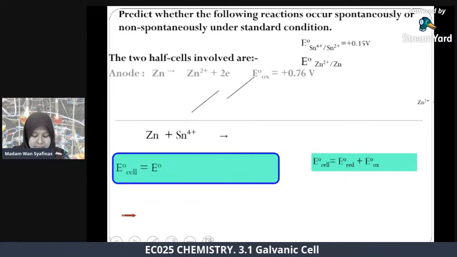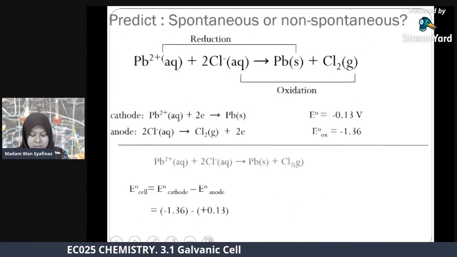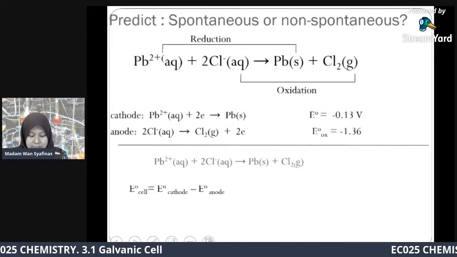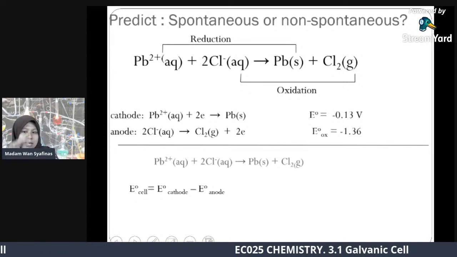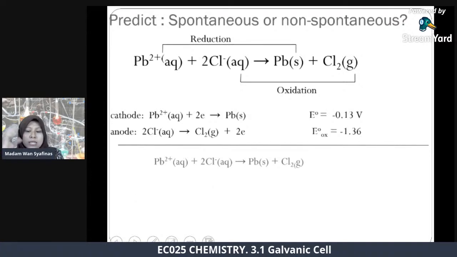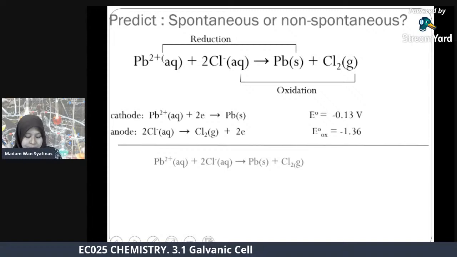Macam mana kita nak predict? Kamu kena cari nilai E naught cell. Kalau kamu tak cari nilai E naught cell, kamu tak boleh nak predict dia spontaneous ataupun tak.